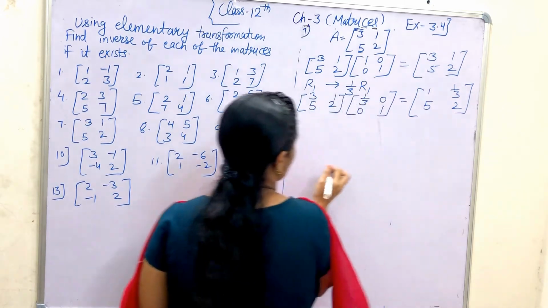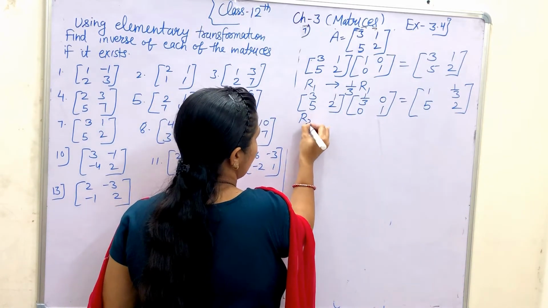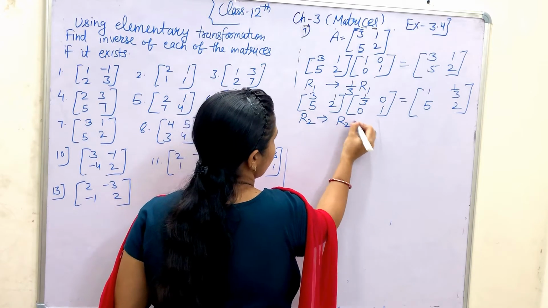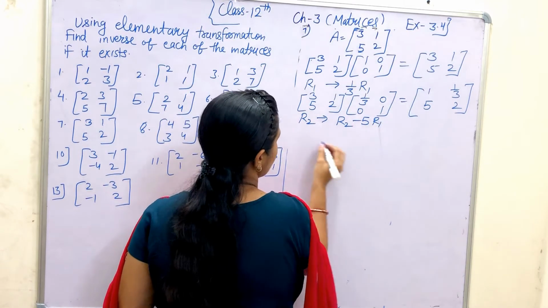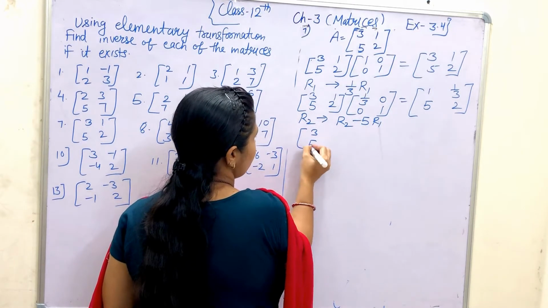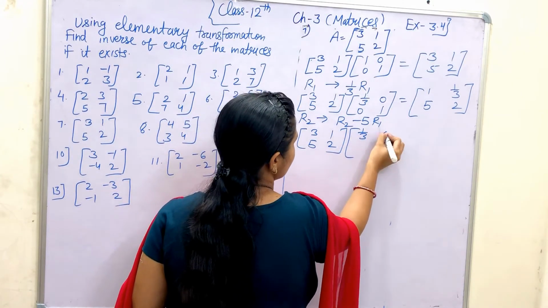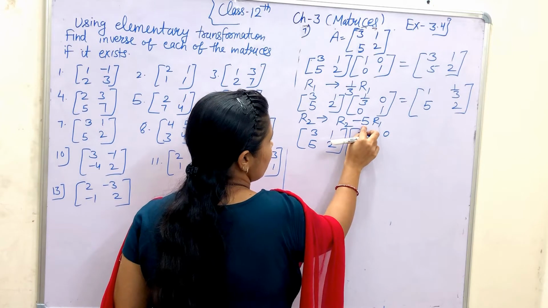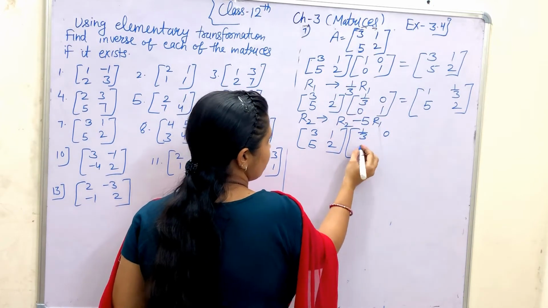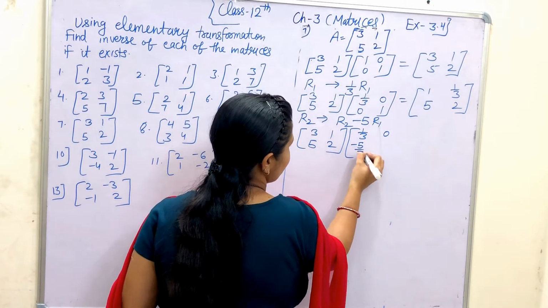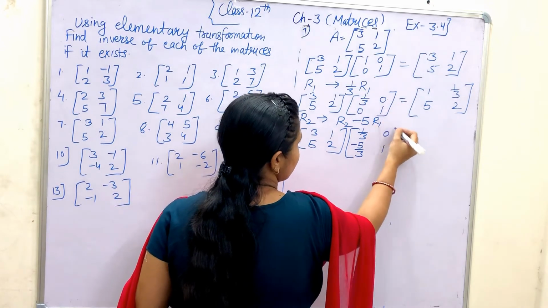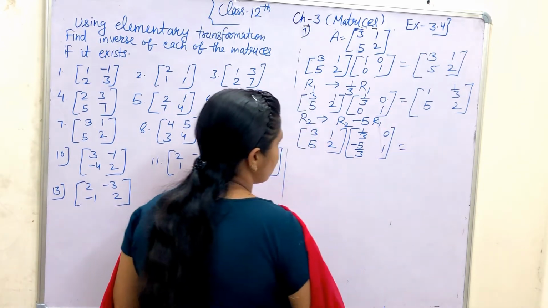Now making it 0, we apply on R2 as R2 minus 5 R1. 3 5 1 2. Now 1 by 3 0. R2 minus 5 R1. R2 minus 5 R1 means minus 5 by 3. And this minus this, again 1.